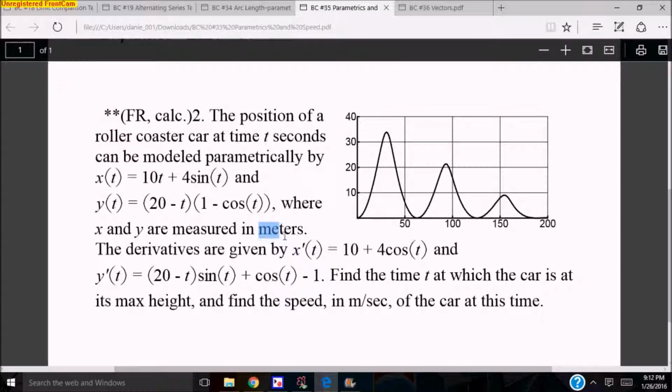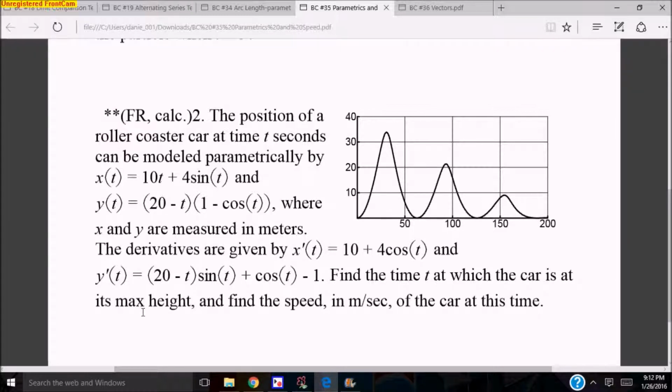They tell you that it's measured in meters, and then they give us, very kindly and also a little strange for the AP exam, the derivative of both of those two functions instead of making us do it on our own. So this is probably letting us know that they made you spend a lot of your time doing some other thing in this problem, and they didn't want you to spend the time to find the derivative, or maybe they just decided that those derivatives were way too easy to find, so they were just going to go ahead and give them to you.